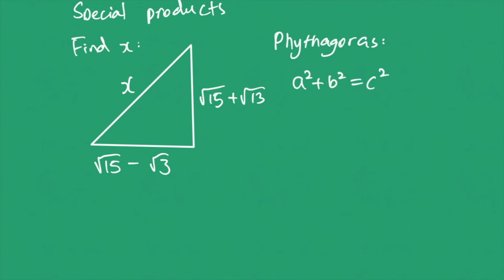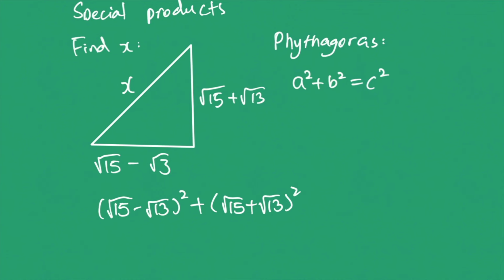So in order to find x, we first need to write a formula. Since x is the long side, we can write a formula that is (square root 15 minus square root 13) squared plus (square root 15 plus square root 13) squared equals x squared.